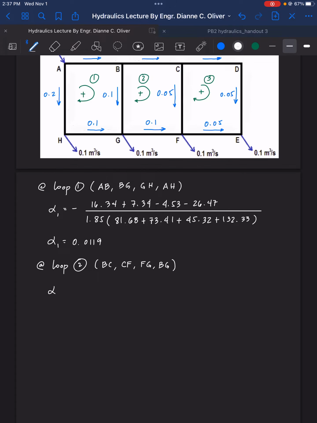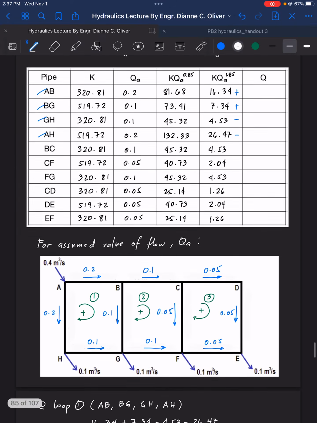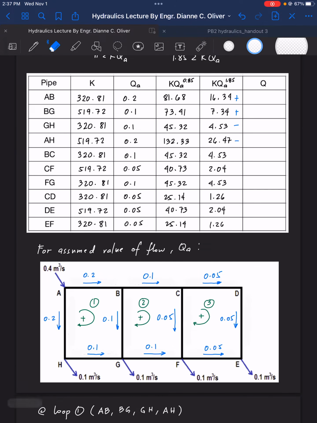Looking at the flow, BC is clockwise, therefore positive. CF is clockwise, therefore also positive.